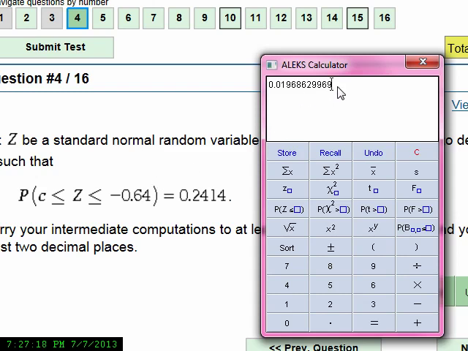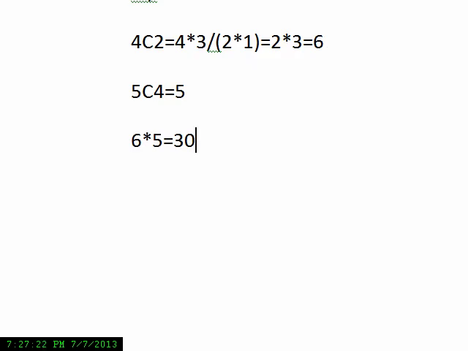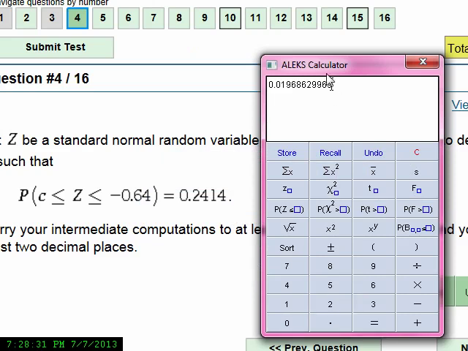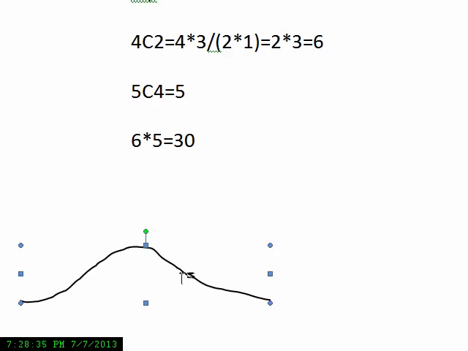So let's go out and draw a picture of that. I attempted to use the draw tool in Word to make this symmetric bell-shaped curve. It doesn't look very symmetric. But anyway, we had that the probability that Z was less than C was equal to 0.019. So wherever I put that C, the area to the left is 0.019, so that's small.